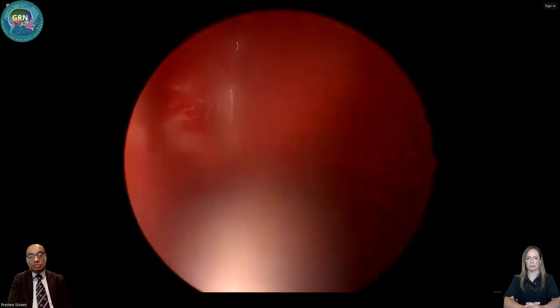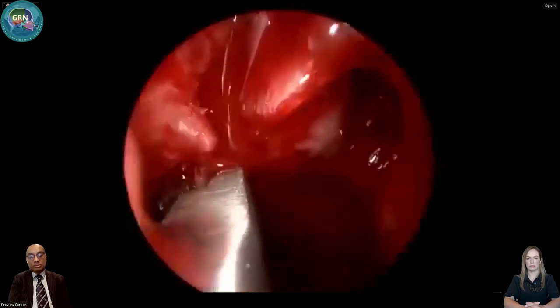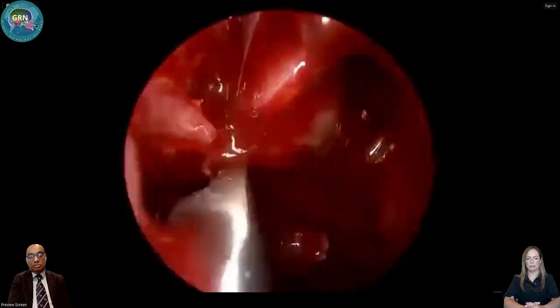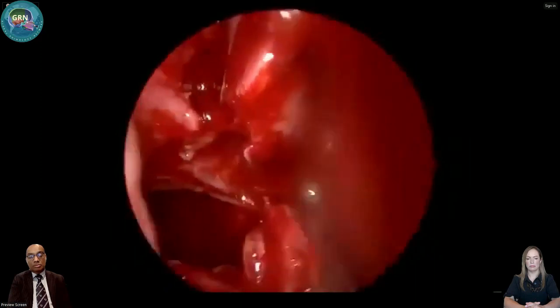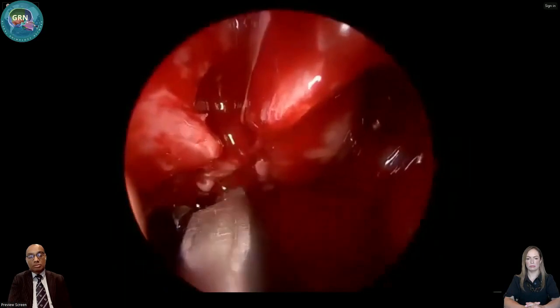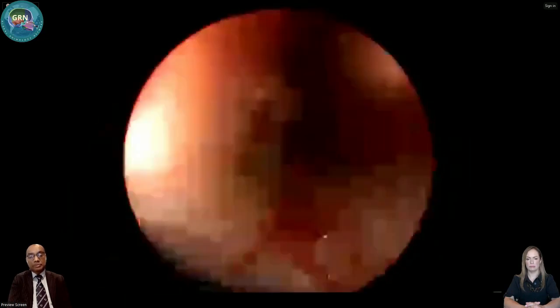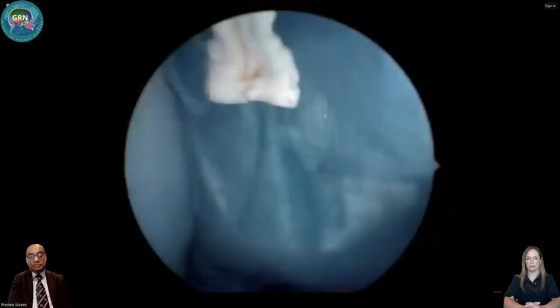And if there is contact with the dura, we know that the radiotherapy has to involve the neck and the retropharyngeal node. Okay. Thank you.